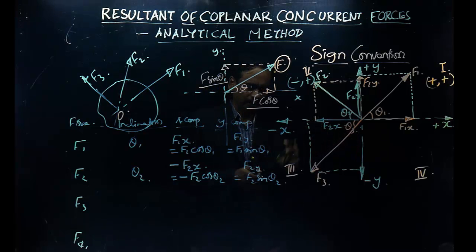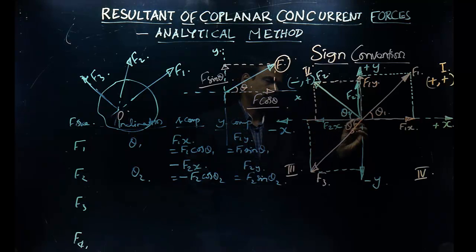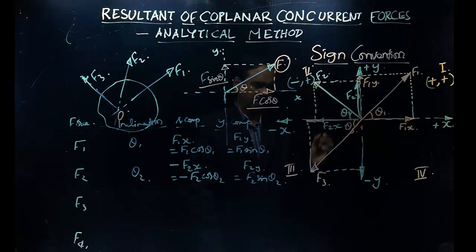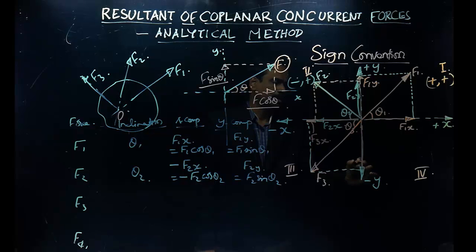So this happens to be the x component of this force 3. So this one will be F3x and this one will happen to be F3y. And how much is that?